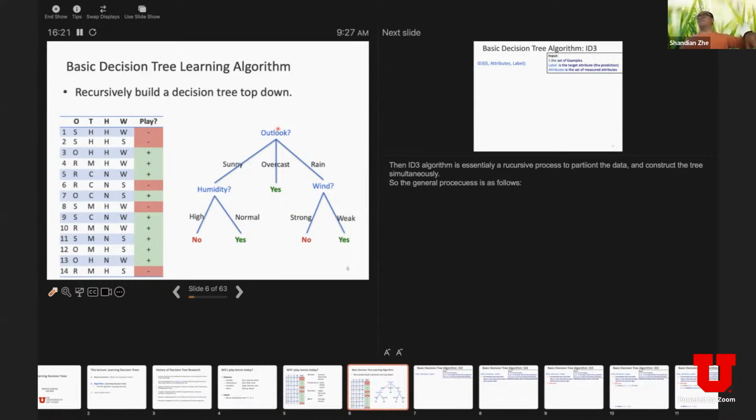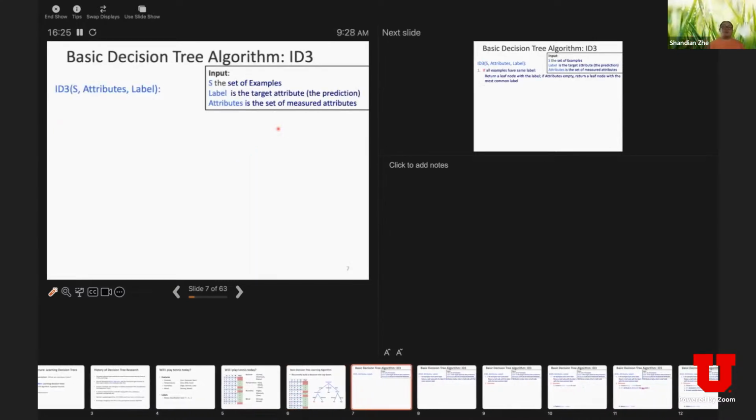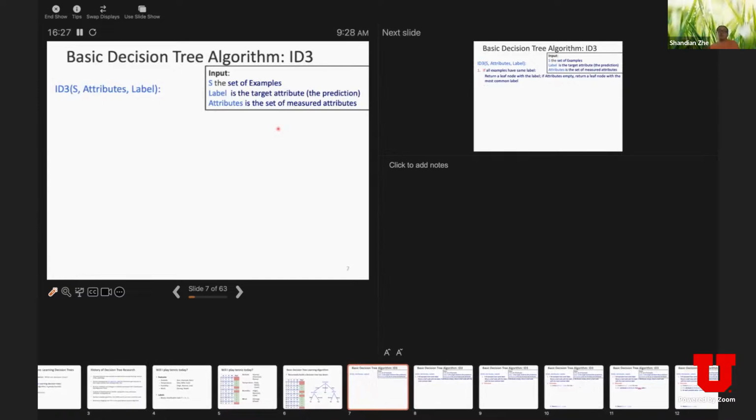That's the idea. The input to this ID3 algorithm consists of three variables. The first one is the set of examples. You can imagine at the beginning, it will be the entire data set.